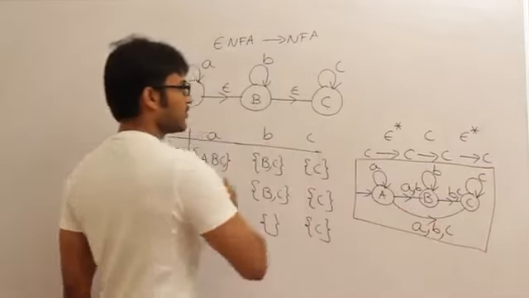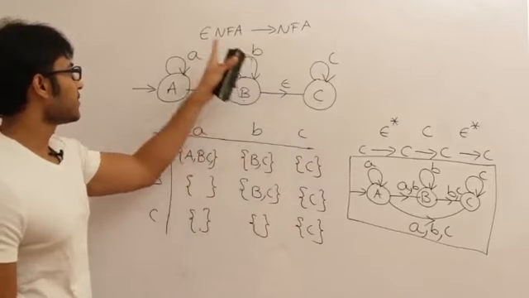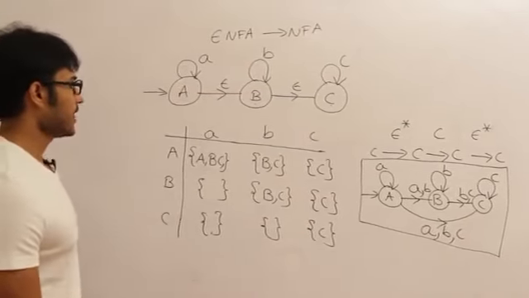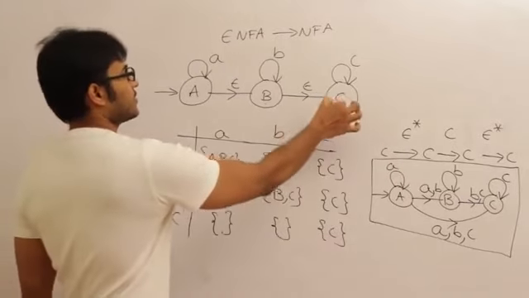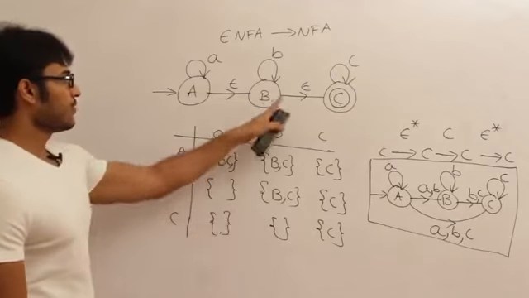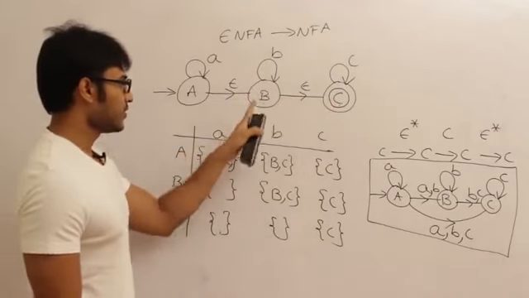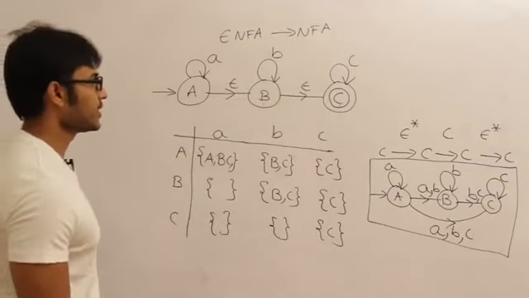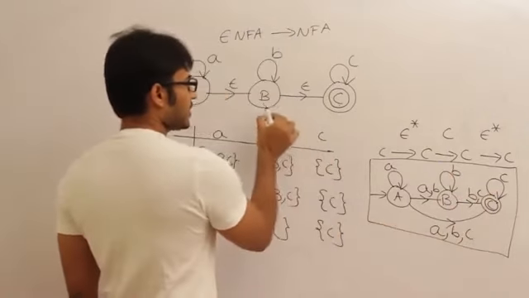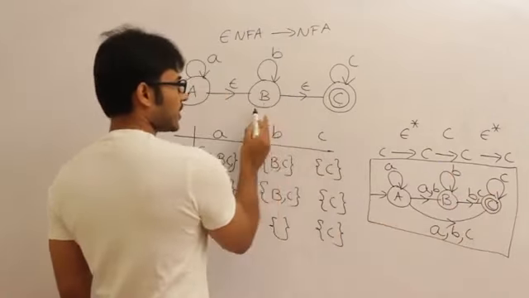Now tell me, what about the final states? The number of states is going to be the same. If I convert epsilon NFA to NFA, the number of states is going to be the same. What about the final states? Let us assume that in the original diagram, the final state is C. Then whatever states can reach the final state only on epsilon have to be final states. So C is definitely a final state, and whichever states can reach the final state just by looking at epsilon have to be included.